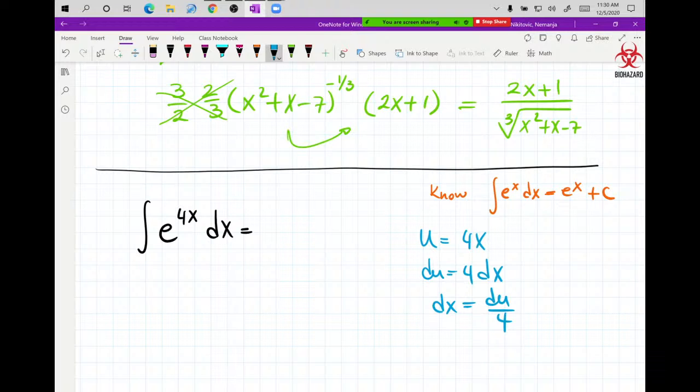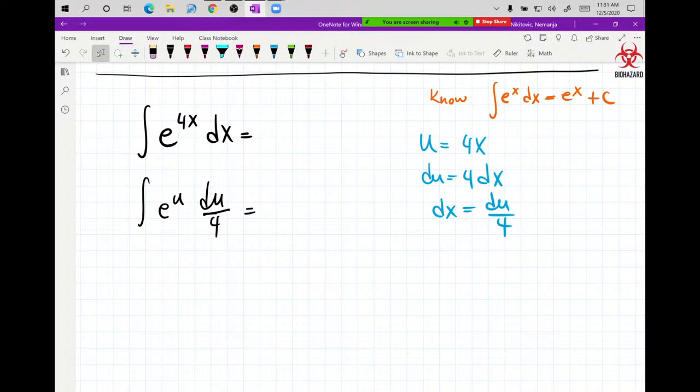Whatever is your favorite, guys, you can actually stop here and then just fix it with a 4 and 1 over 4. You can do that. Or you can use this line on the bottom and say, okay, this is e to the u and then du over 4. You're going to end up with 1 over 4 either way. I really don't care which way you do it.